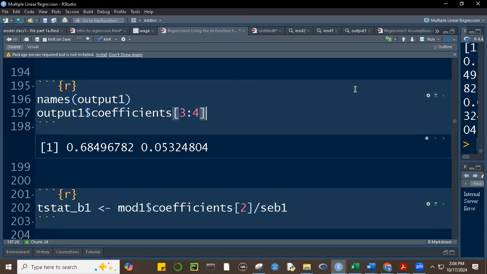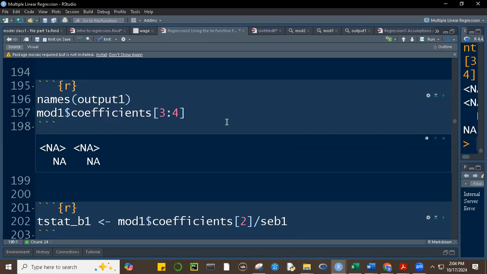Okay, so I said what you do is to create an object. Okay, output 1 is the summary of model 1. Because if we use the model 1 object here, and then coefficients 3 to 4, NA siya. No? NA, how do I know, class?